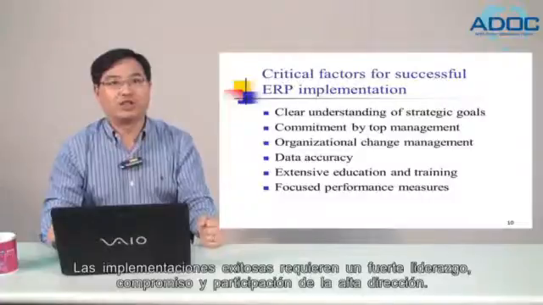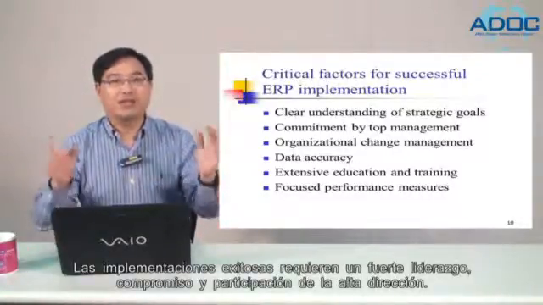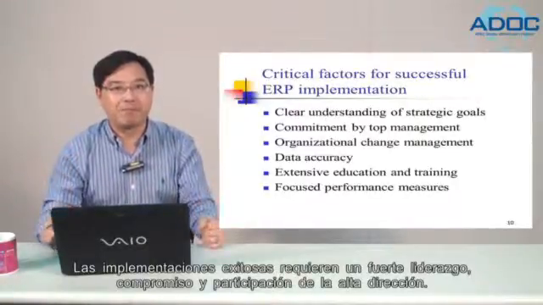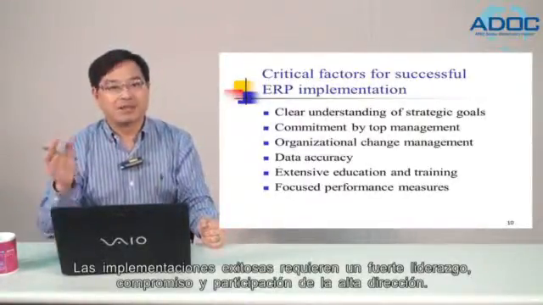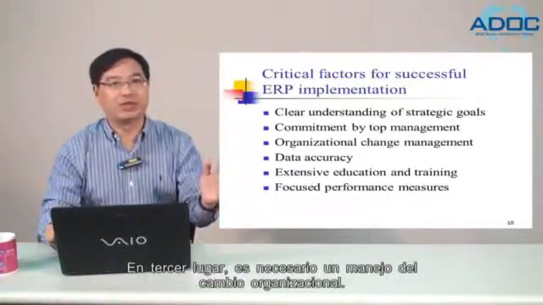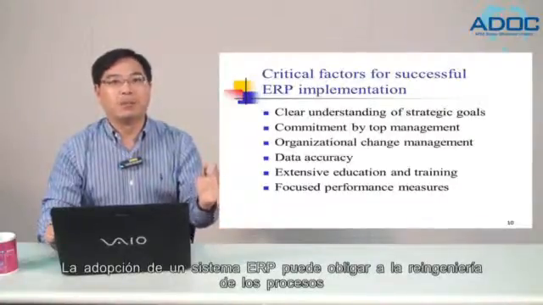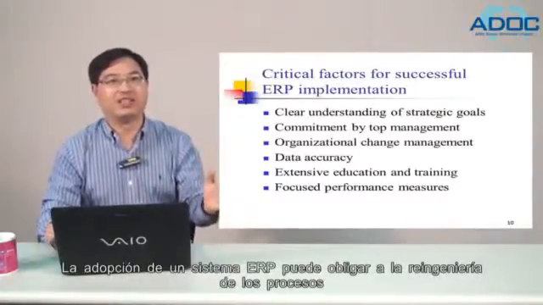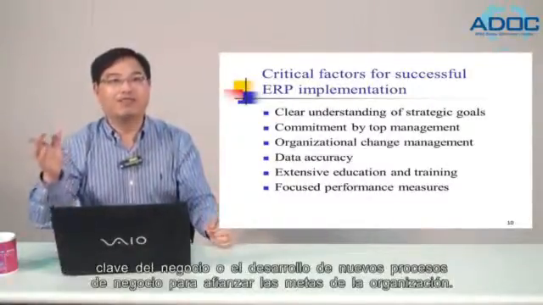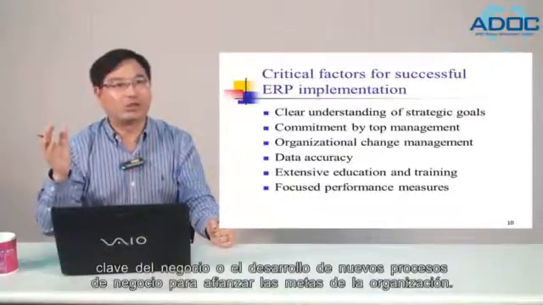Successful implementation requires strong leadership, commitment, and participation by top management. Third, it needs organizational change management. Adopting an ERP system may force the re-engineering of key business processes or developing new business processes to support the organization's goals.